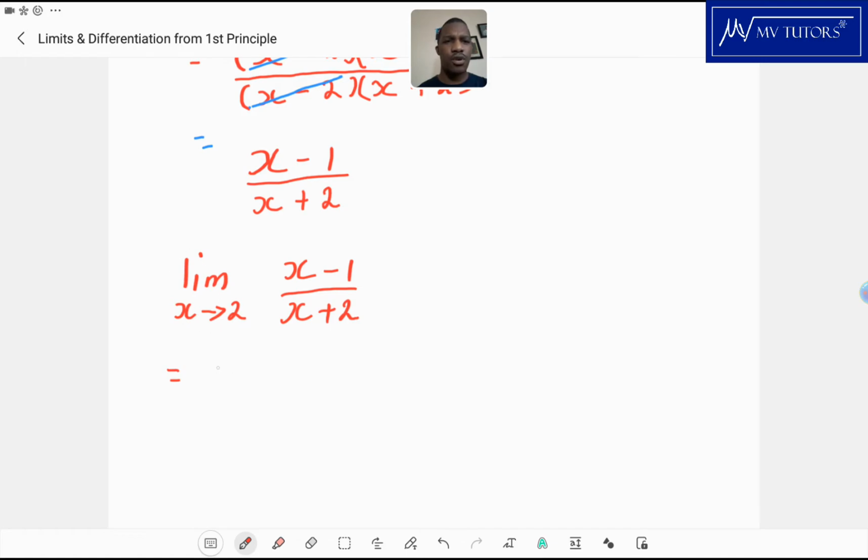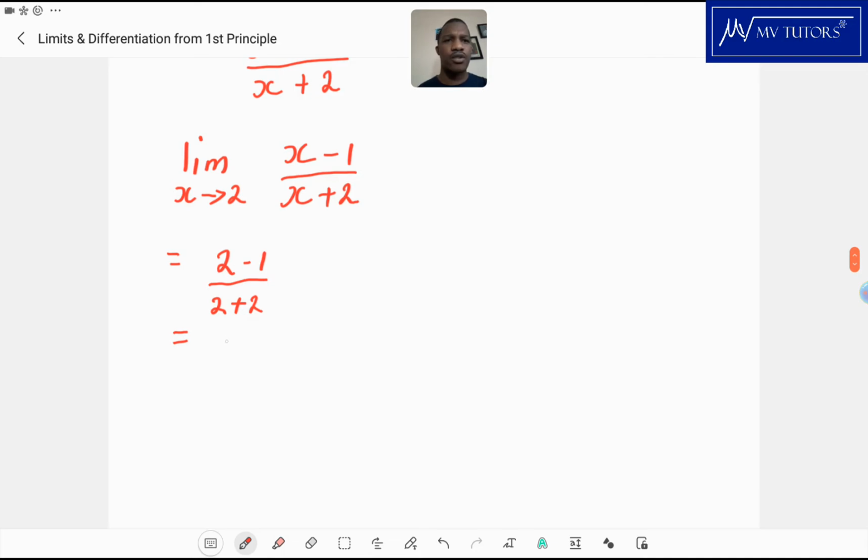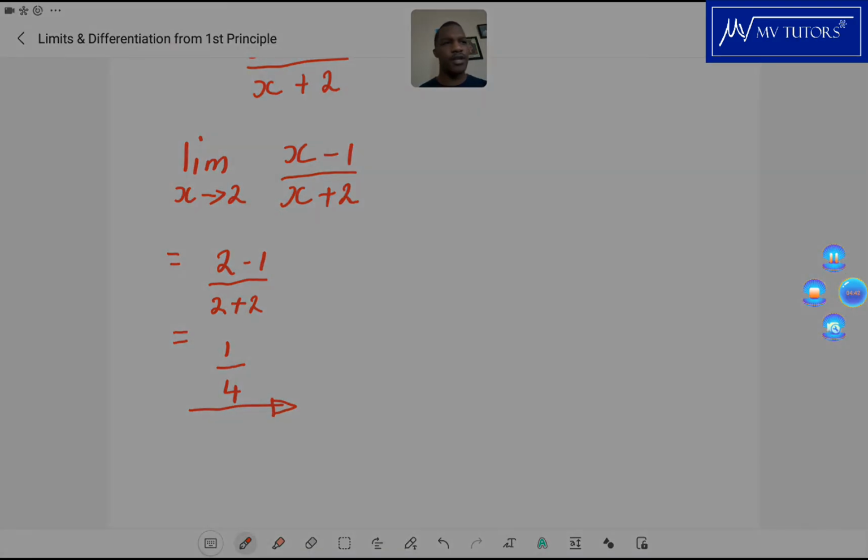So you just say equal to 2 minus 1 divided by 2 plus 2. Our final answer is 2 minus 1 is 1, 2 plus 2 is 4, so the answer is 1 over 4. I hope you understood that.